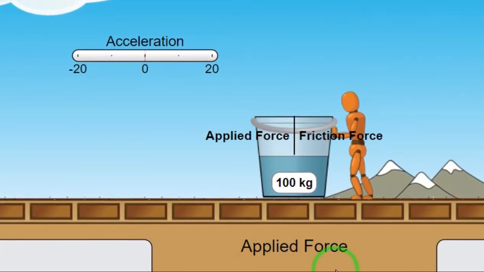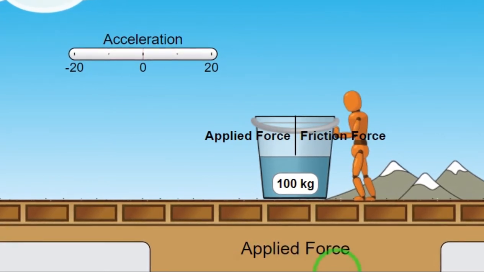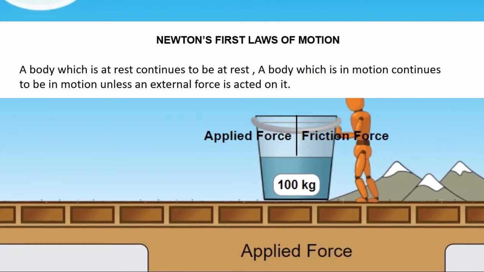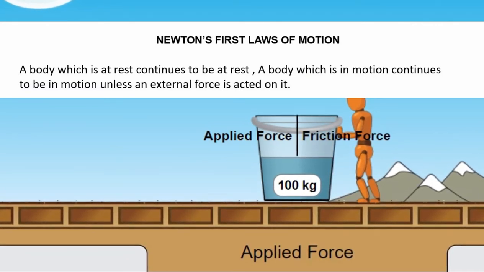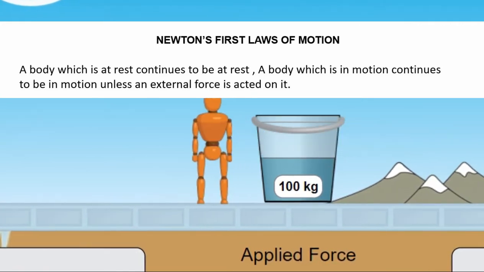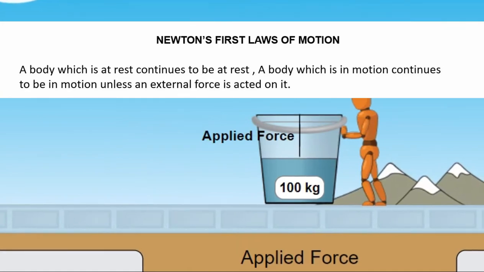So what is the conclusion of Newton's first law of motion? A body which is at rest will remain at rest. A body which is in motion will continue to be in motion unless an external force is applied on it.